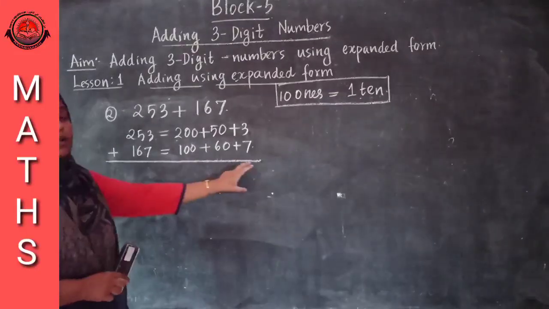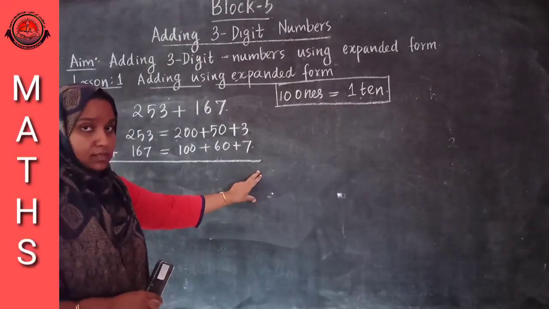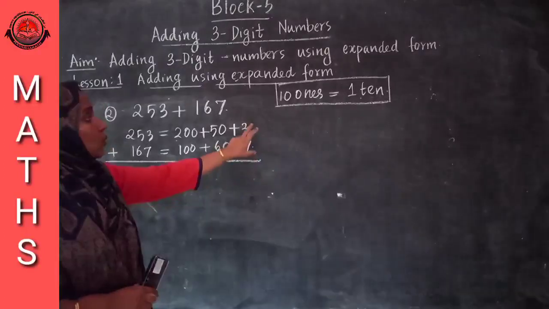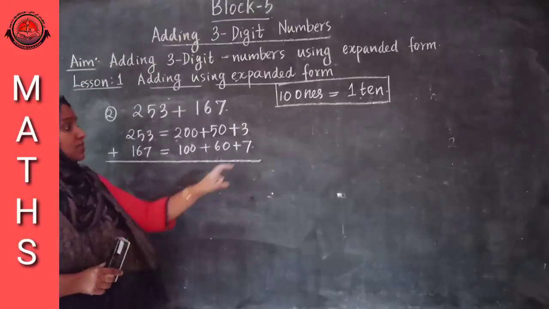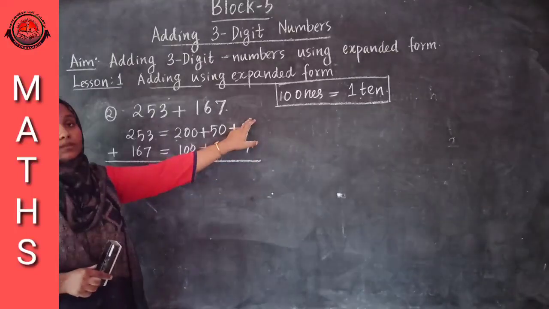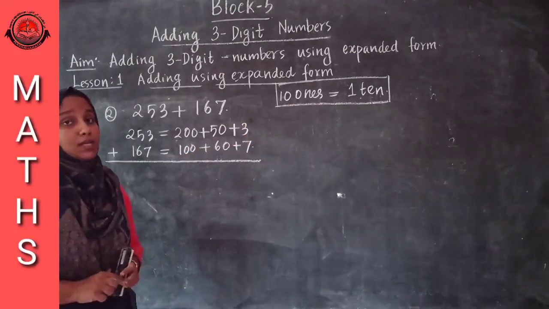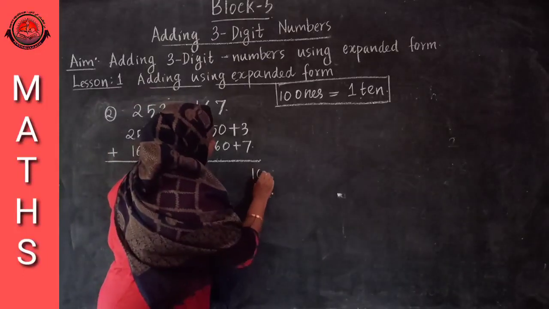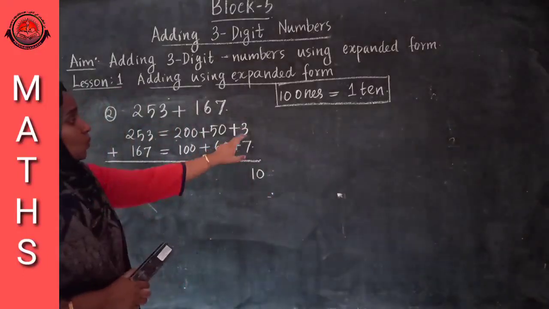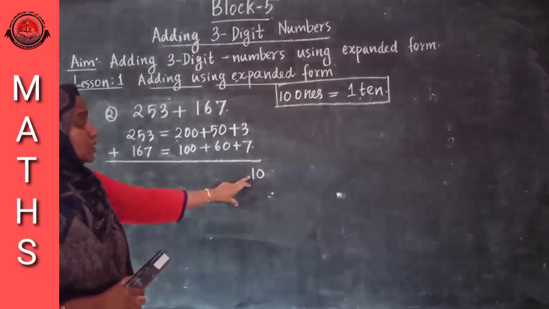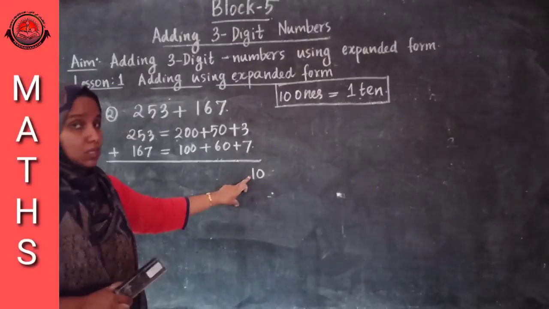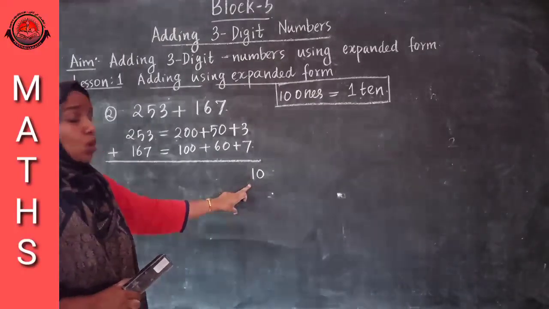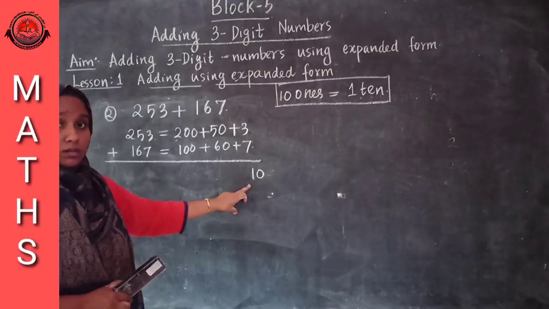We should start from ones. What are the ones here? It is 7 and 3. What is 7 plus 3? 7 plus 3 is 10. So children, here in the ones place 10 comes up. It's a 2-digit number, so its place is not there.